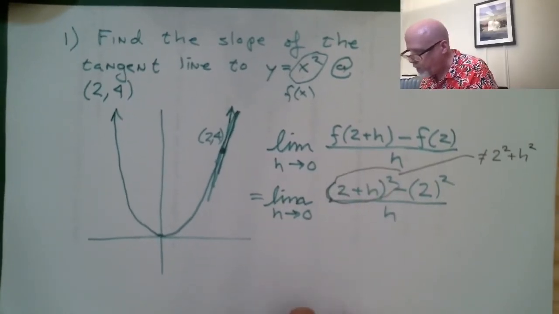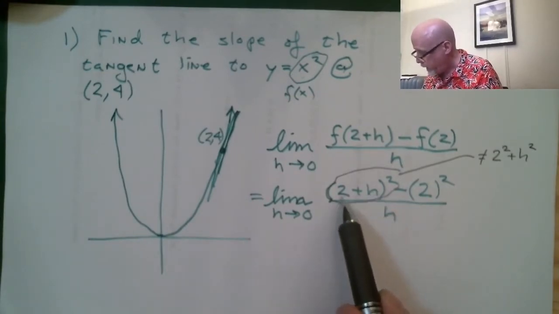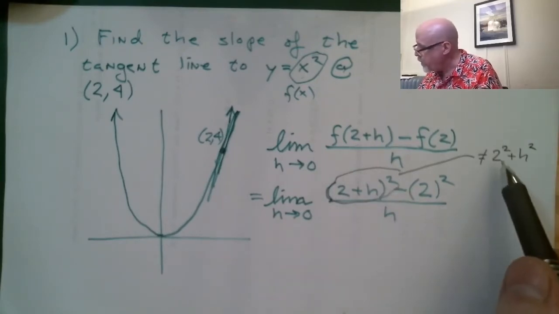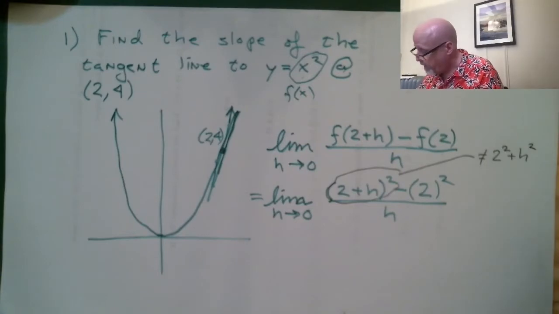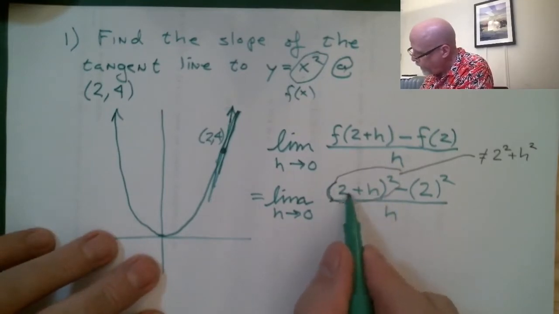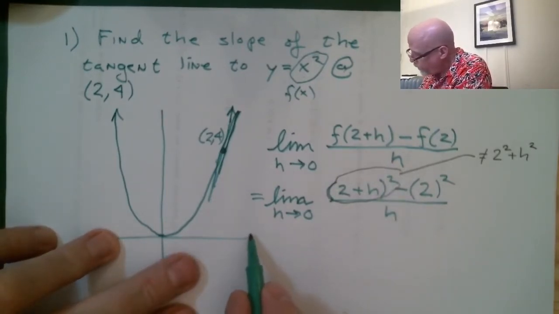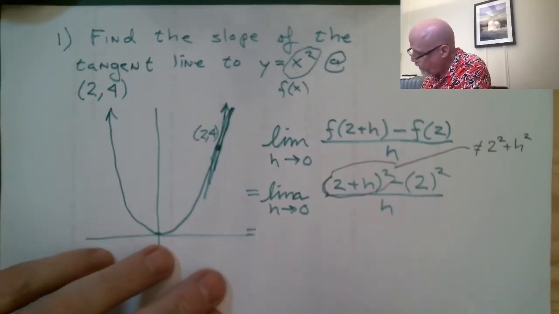A lot of people try to do that, but that doesn't fly. Think about it, if h was 1, 2 plus 1 would be 3 squared, which is 9. Well, what would this be? It would be 4 plus 1, which is only 5. That doesn't work. What do you need to do in that situation where you have a binomial that's being squared? You have to use the FOIL rule. You have to do a proper multiplication of this binomial times itself.